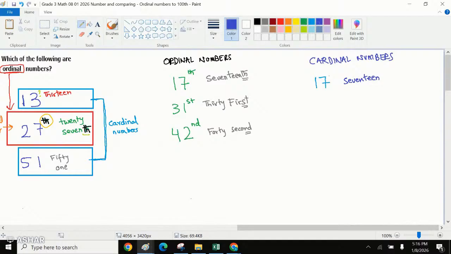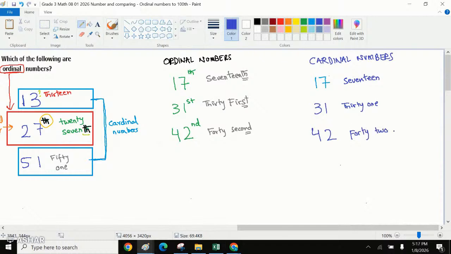Similarly, if the next one was 31 without an st, we say this is only 31. Agreed? We do not say this is 31st. And what about the next one? If this was 42 without any suffix over here, without any nd, st or th, so we will say this is 42.